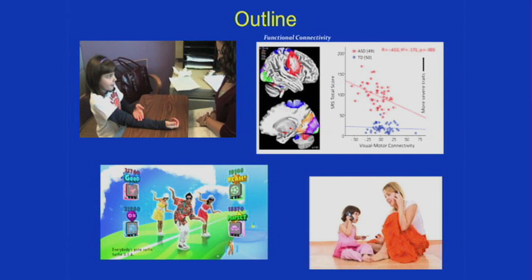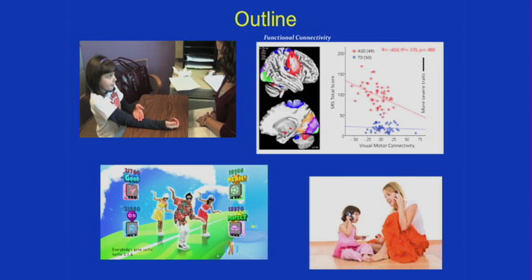So the general outline is I'm going to talk about particular aspects of motor skill impairment in autism. I'm going to give a little bit of the punchline here with a focus particularly on impairments in imitation and praxis and more broadly in the ability to, with that and other skills, integrate visual information to guiding motor behavior.